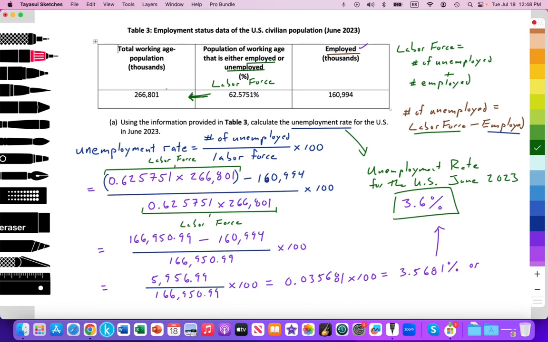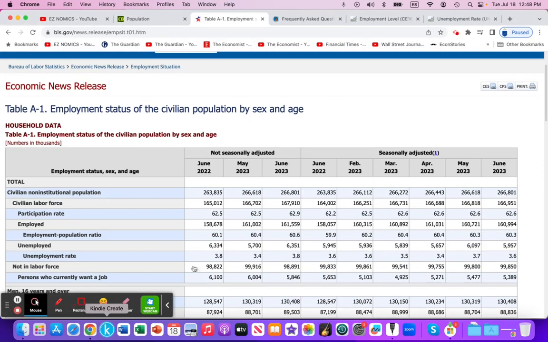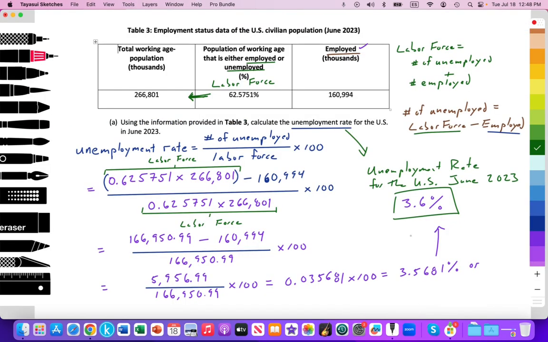Here we have the total working age population of 266.801, which we see here. And then we have the number of unemployed, 5.957 million, or 3.6%, which was our final working. You have accurately calculated the unemployment rate for the United States at 3.6% from this data provided.